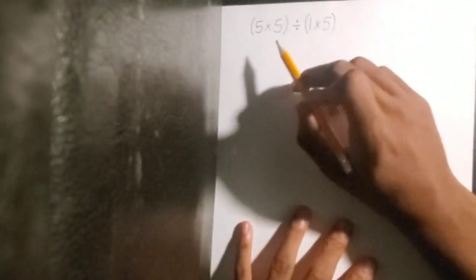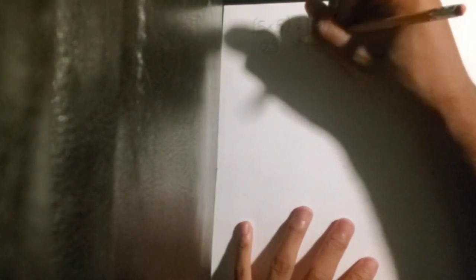Alright, so, do you know what I did? This is really easy for me. In the parentheses, we have to solve. So, 5 times 5 equals 25, and 1 times 5 equals 5. And now we divide.